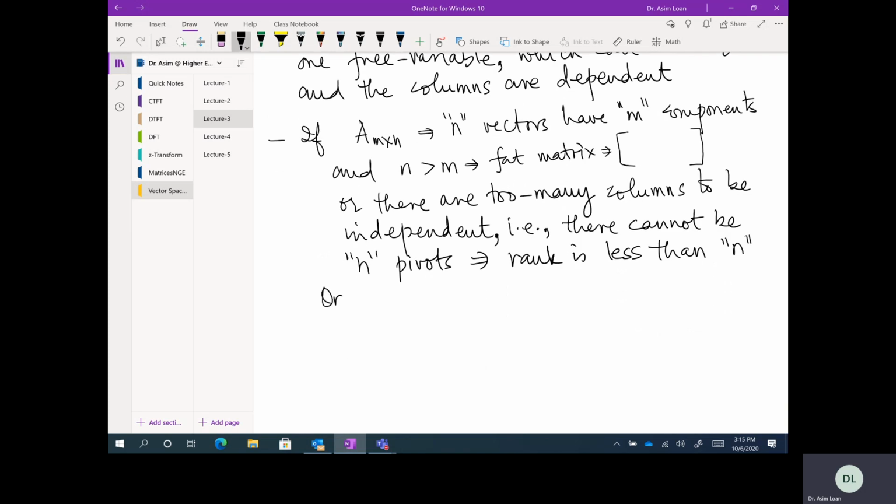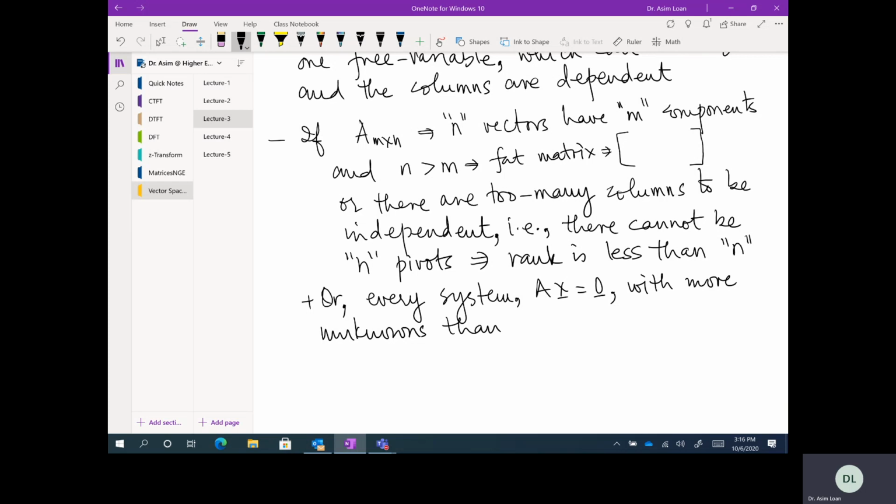Or this also means every system Ax equal to 0 with more unknowns than equations has infinitely many solutions, with a solution x not equal to 0.